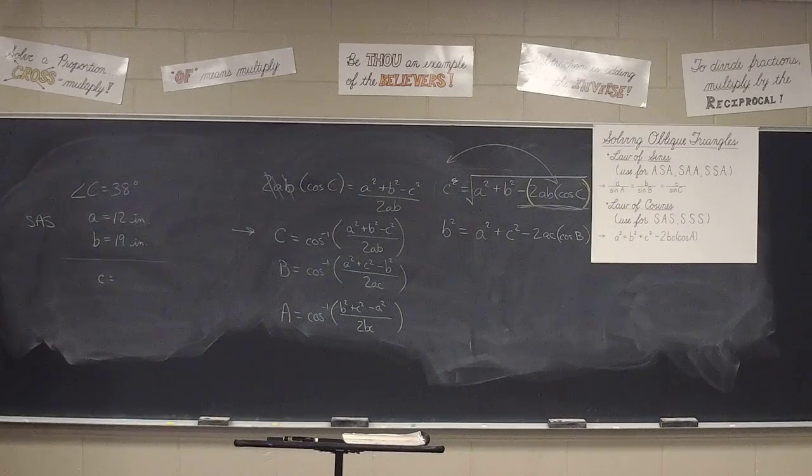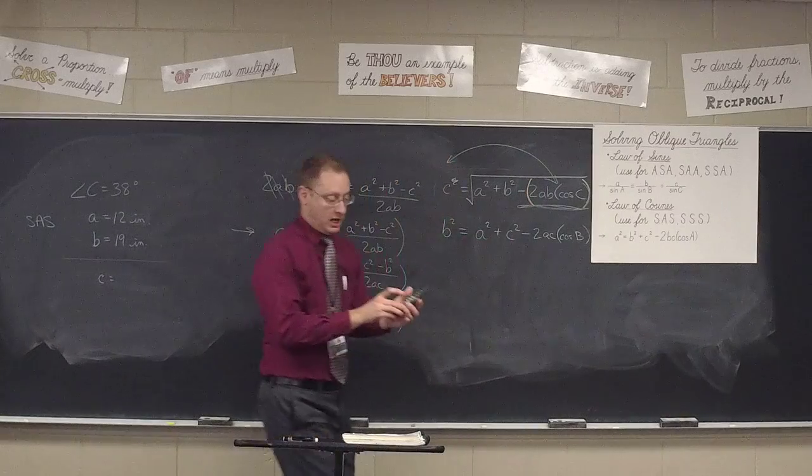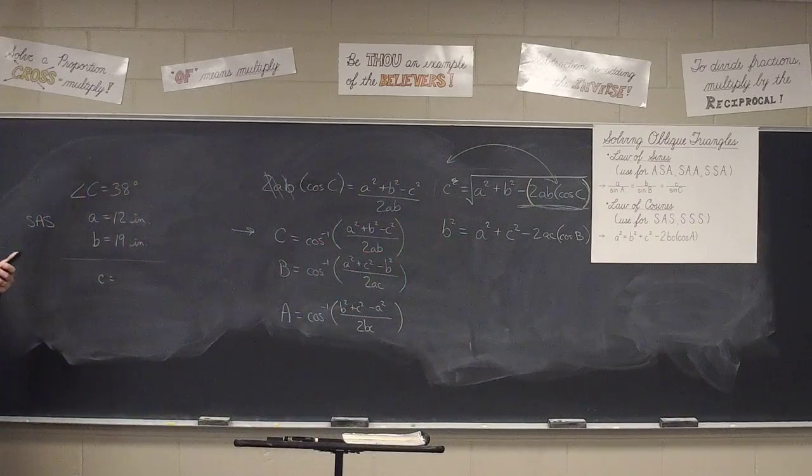So we got the a squared plus b squared minus, now hit the parenthesis after you hit the minus, and notice the calculator clears off because it's about to store parenthesis values. 2 times a times b times, and remember for us, we don't do cosine of 38, we do 38 cosine. Make sure you're in degree mode. 38 cosine, then close that parenthesis.